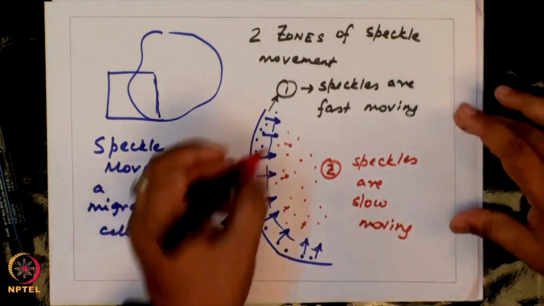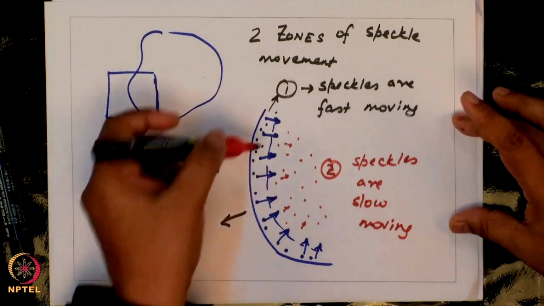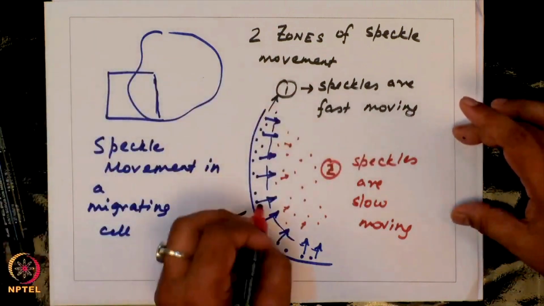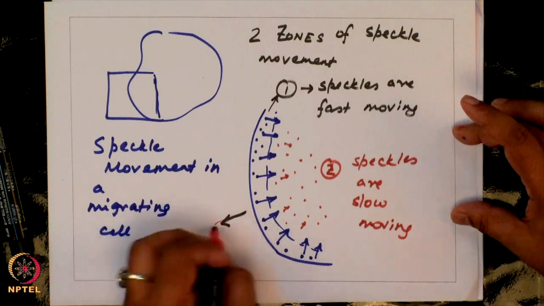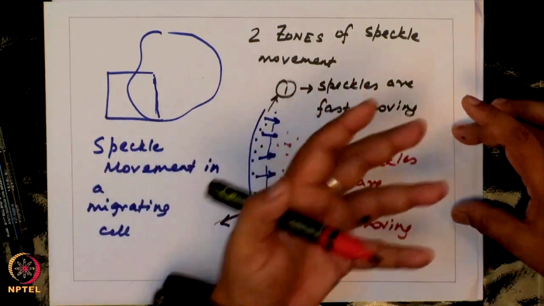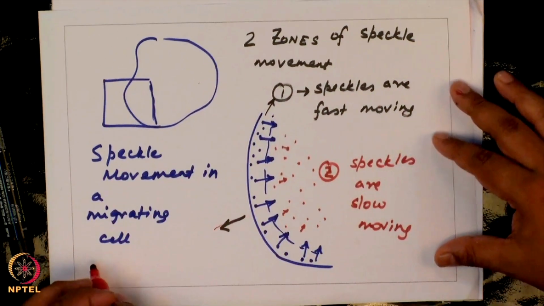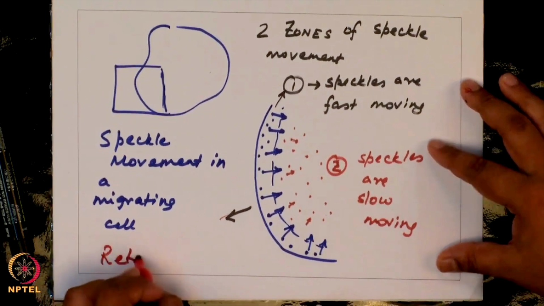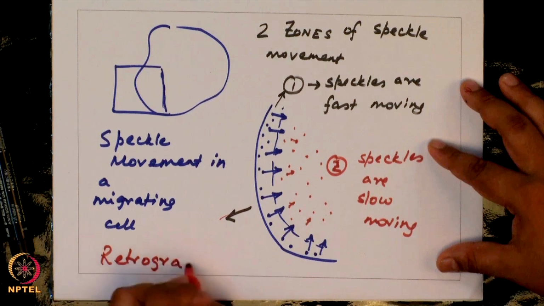But consistently, all the speckles tend to move inward. So, if the cell is trying to move outward in this direction, the speckles are moving inward. This motion, inward flow, is referred to as retrograde actin flow.